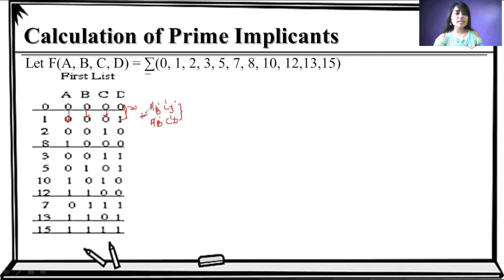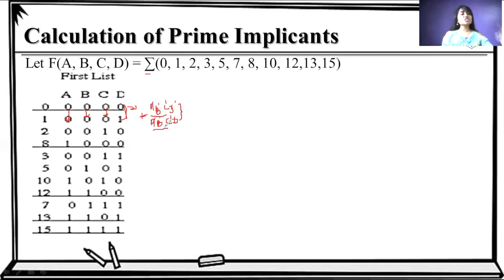If we add these two terms, A dash B dash C dash D dash and A dash B dash C dash D, the 3 variables are common, so we can take them outside. We have D dash plus D, and D dash plus D equals 1. So we have only the 3-variable term A dash, B dash, C dash.